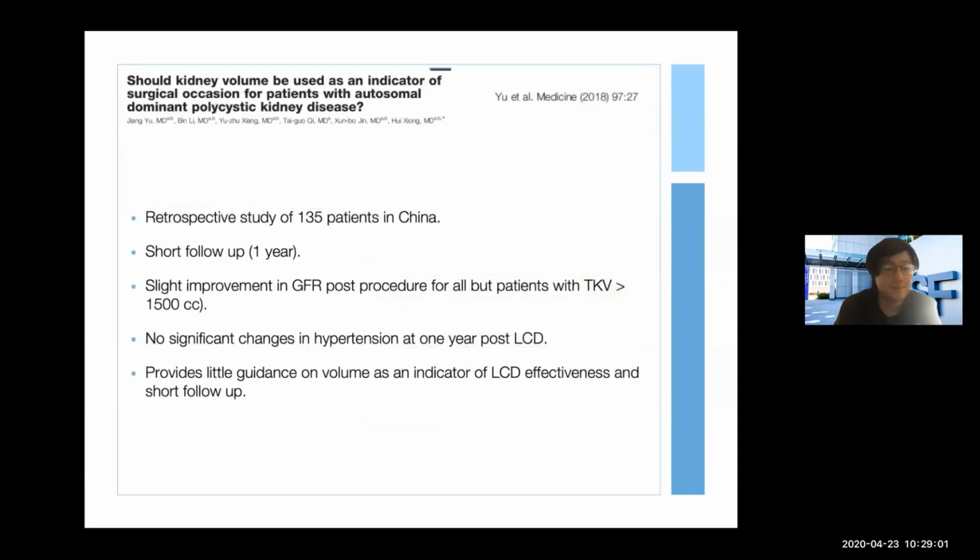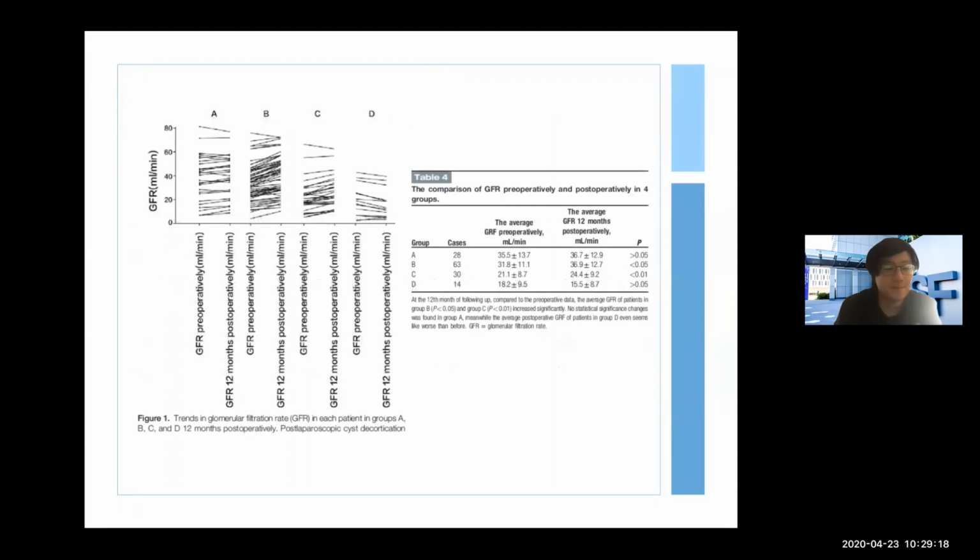Some more recent studies, here's one from 2018, a retrospective study in China of 135 patients, very short follow-up, only 1 year. They showed a slight improvement in GFR after the procedure, but no real control of hypertension in these patients. It doesn't provide us with a whole lot of guidance on whether to use this and in what population.